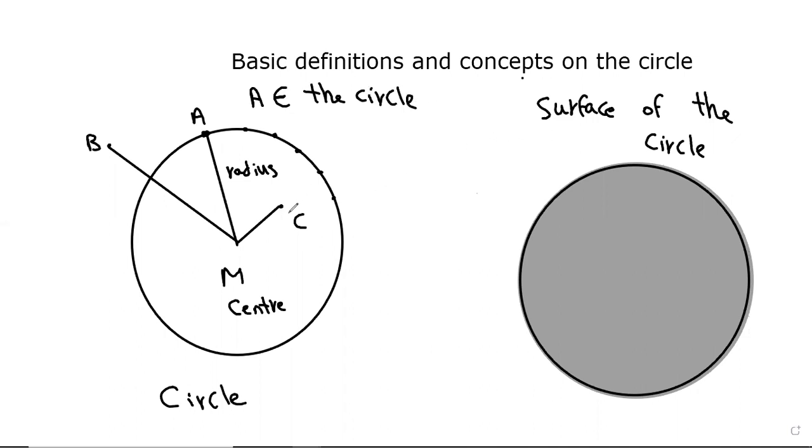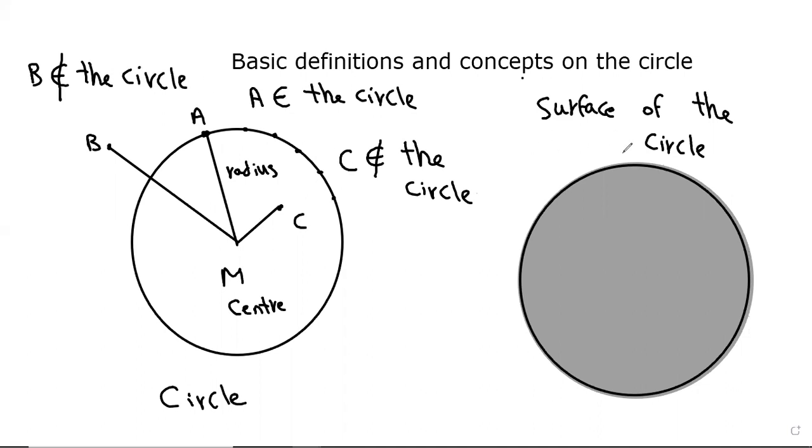Okay. What about the point C? The point C doesn't belong to the circle. What about the point B? The point B also doesn't belong to the circle.